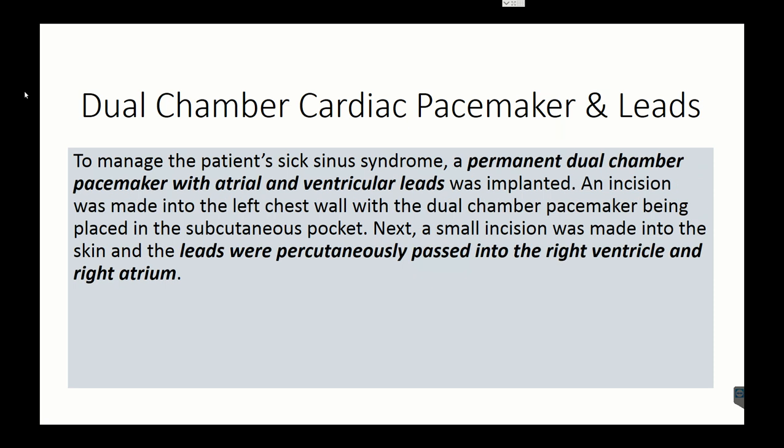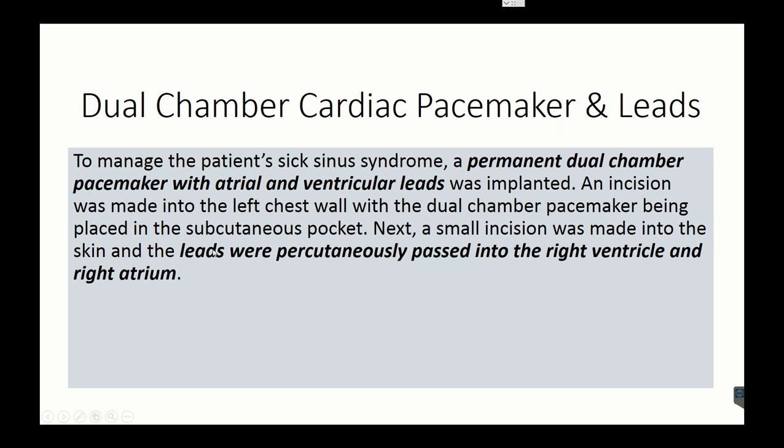So I've highlighted a few words in here that will help us with coding this scenario. And right here, permanent dual chamber pacemaker with atrial and ventricular leads. So we've got three different things going into the body. We have a pacemaker, and we have two different leads, one going into the atrium and one going into the ventricle.